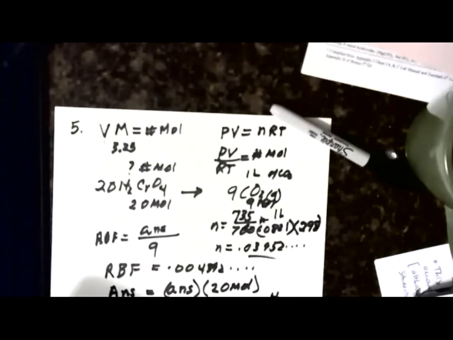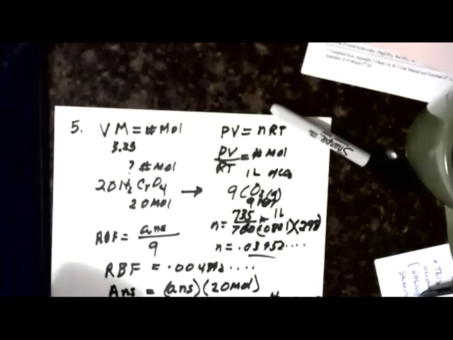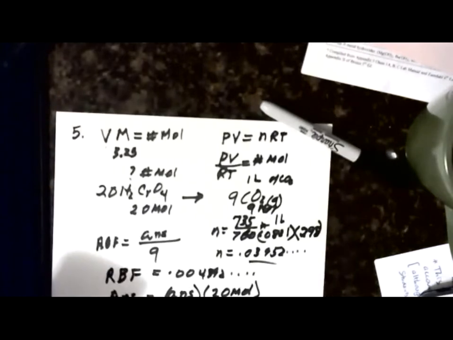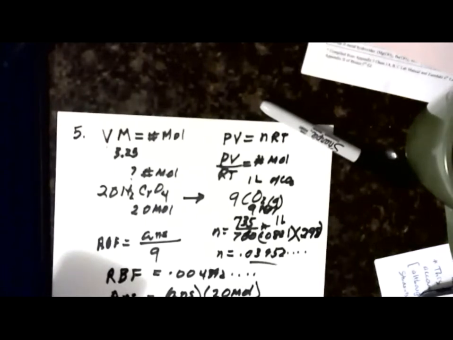And that's equal to the volume, which we don't know, times the molarity, which we do know, 3.25. So if I take this answer that's on my screen, divided by 3.25, then I'll solve for V. So the volume is going to be equal to the answer on my screen again, divided by 3.25. Divide that by 3.25.